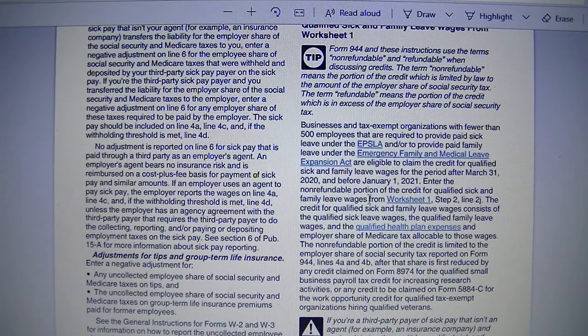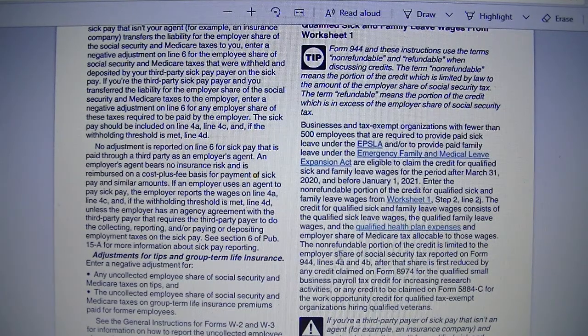So enter the non-refundable portion of the credit for qualified sick and family leave wages from Worksheet 1, Step 2, line 2j. The credit for qualified sick and family leave wages consists of the qualified sick leave wages, the qualified family leave wages, and the qualified health plan expenses and employer share of Medicare tax allocable to those wages.